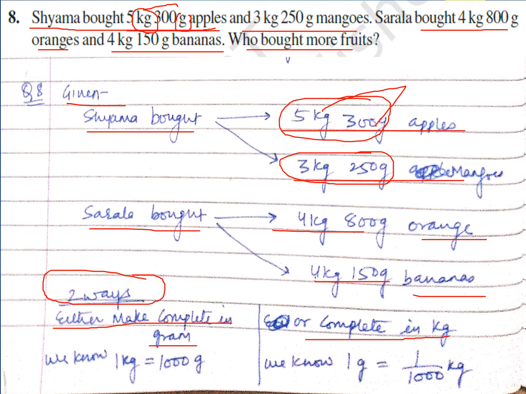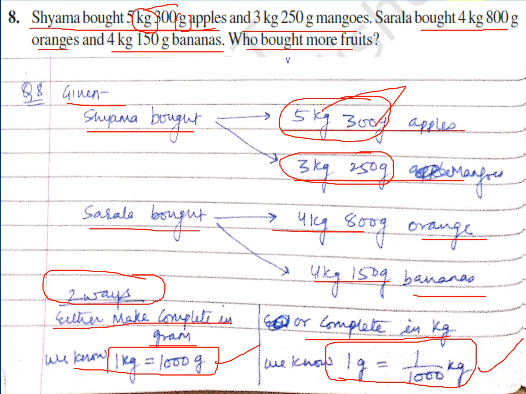Let's see. We know 1 kg equals 1000 grams and 1 gram equals 1 upon 1000 kg. What do you prefer? Multiplying with 1000 or dividing by 1000? However grown up we become, we still like multiplication over division, addition over subtraction, because they are straightforward.